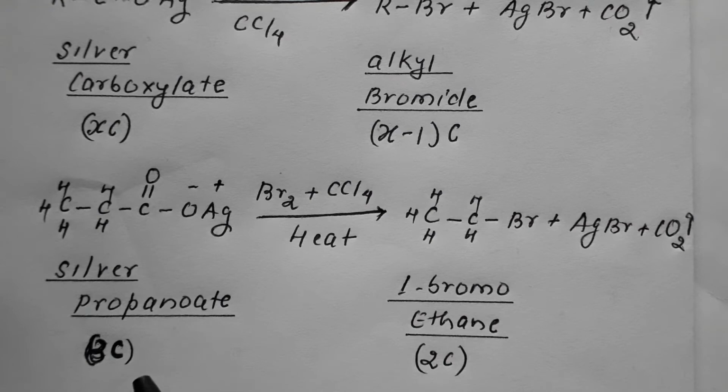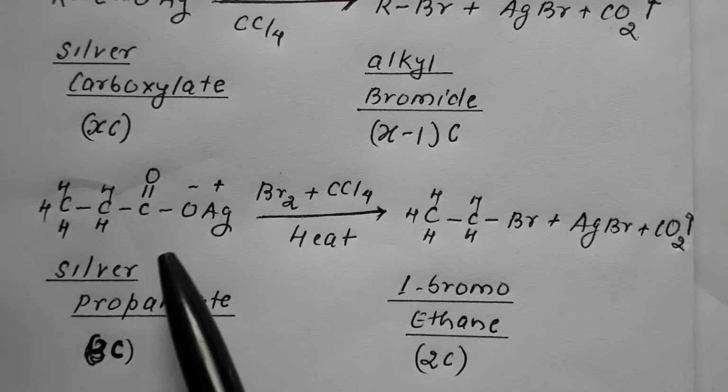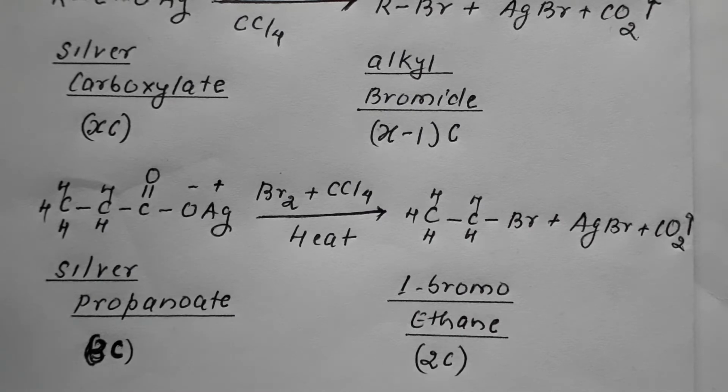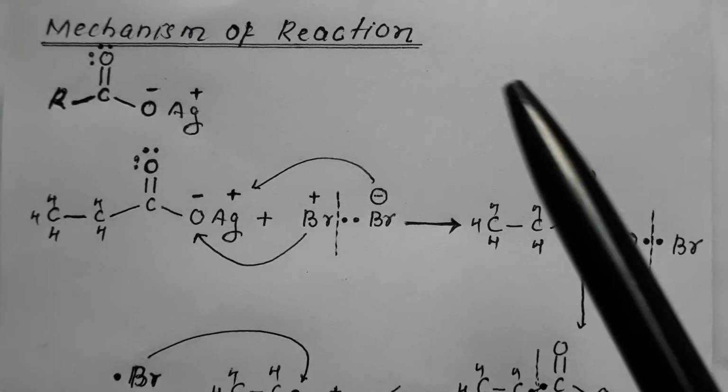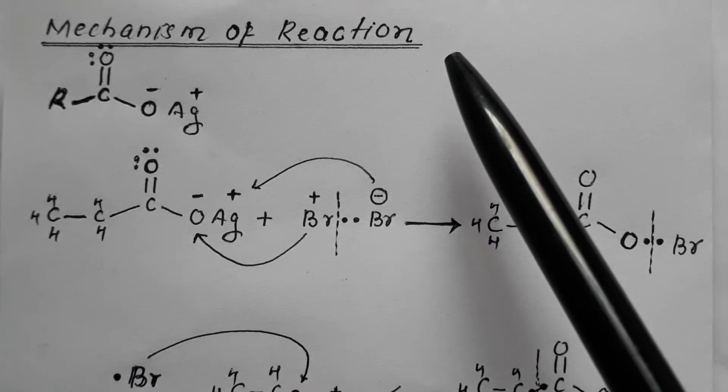It was silver propanoate, a 3 carbon chain. Because of decarboxylation, it has converted into 1-bromoethane, a 2 carbon product. So let us now deal with the mechanism of the reaction.